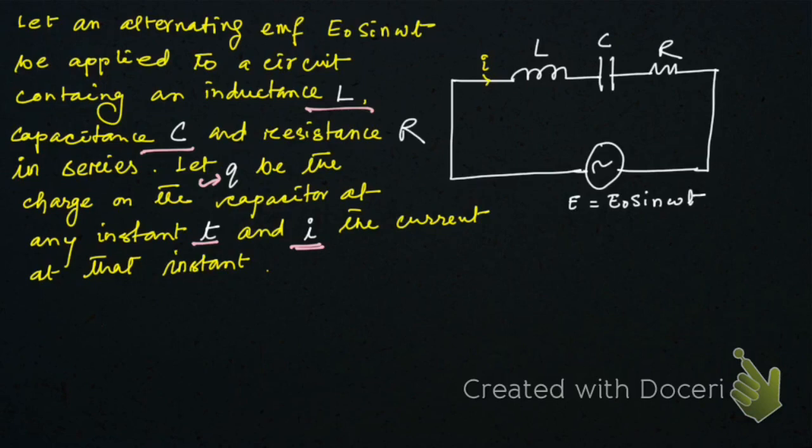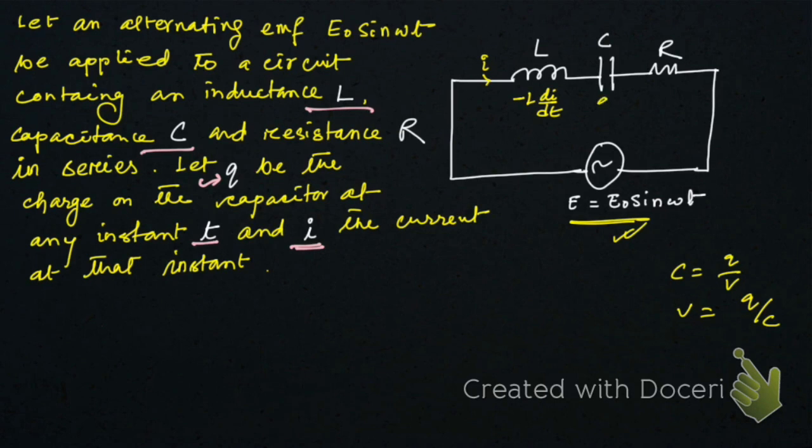Now, the induced EMF due to self-induction L will be minus L di by dt, because it opposes the cause of the induced EMF, that is, it is opposite to the applied EMF. In the capacitor, we know capacitance C is given by Q by V, so V will be Q by C, which is again opposite to the applied EMF.